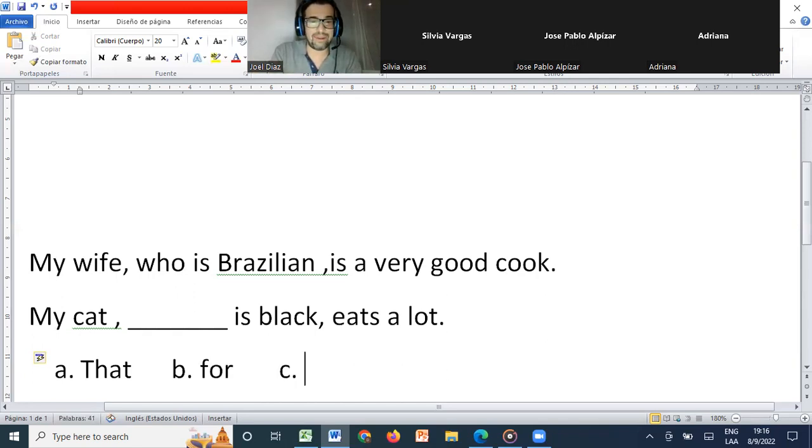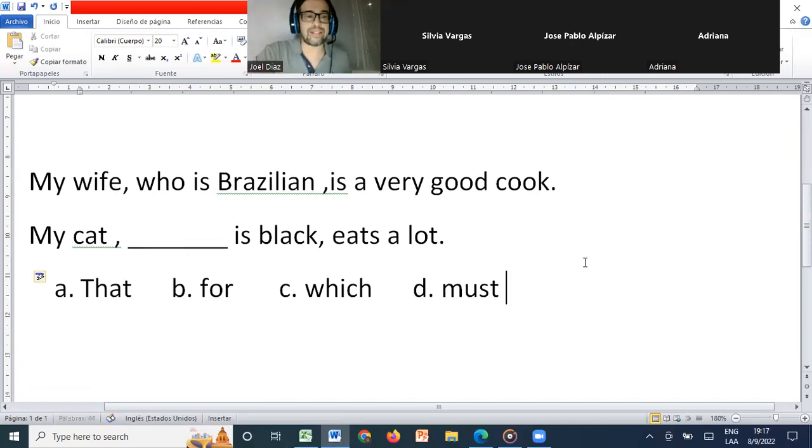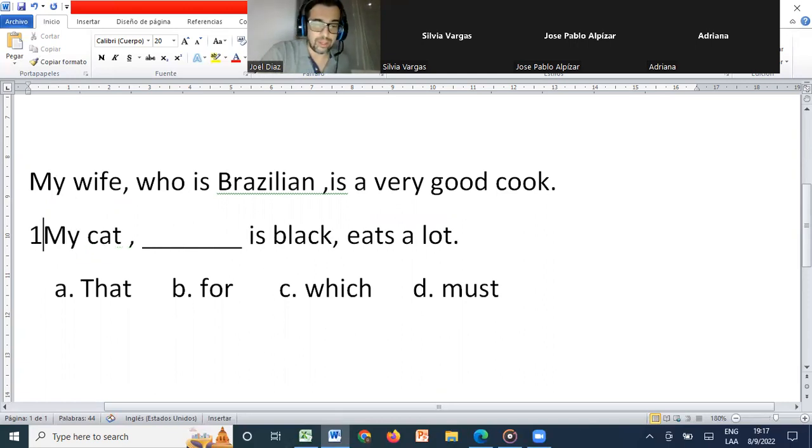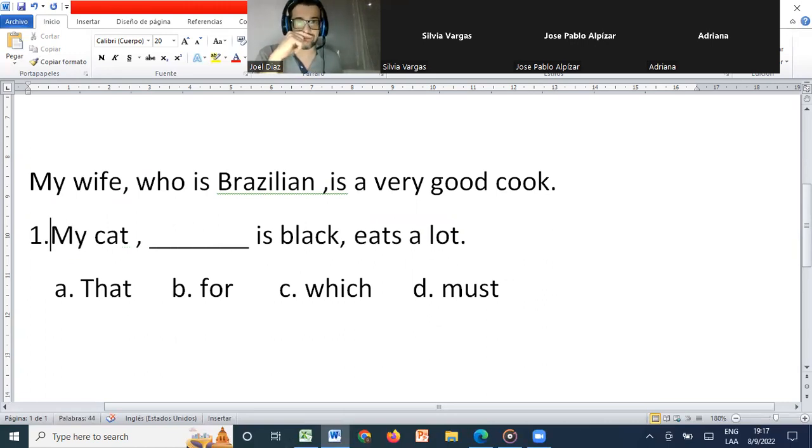And C, maybe which, and D, let's put, I don't know, must. I'm just using a very quick example. You're definitely going to find something like that in part 1 of the Reading and Use of English test. So which option will you choose here?